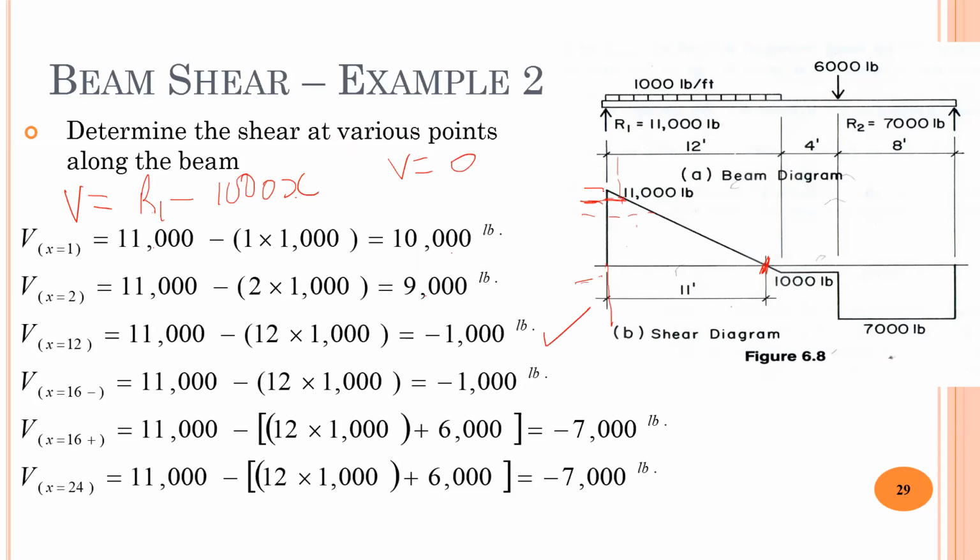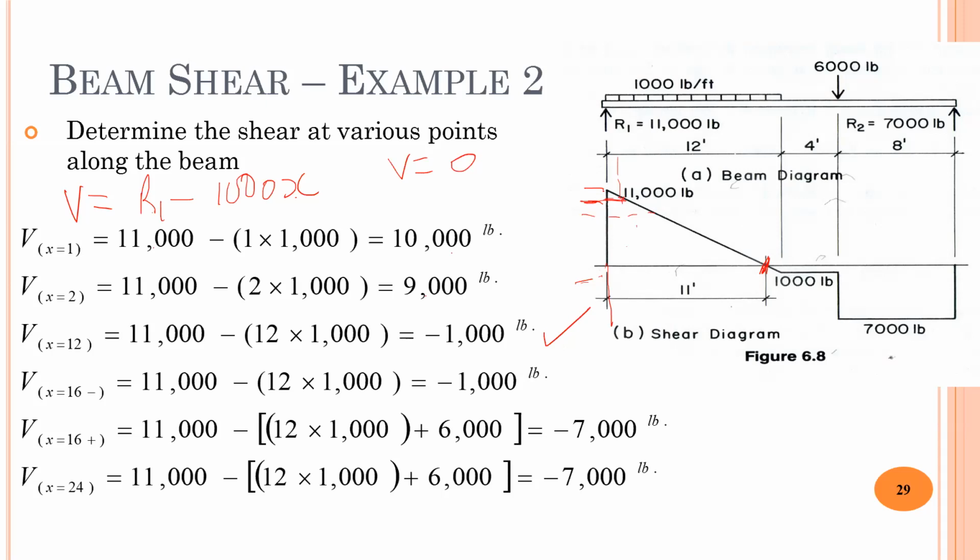All right, 16. Now, what is happening at 16? So it's 11 minus, where are we? So that is 12. When you put in 16, where are we now? 16. Okay, 16 is when this 6,000 is right here.